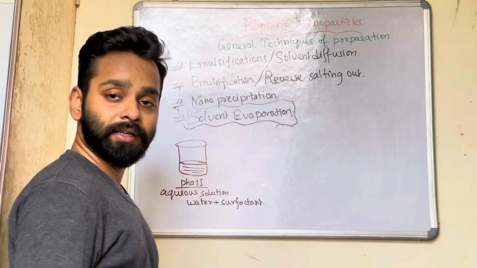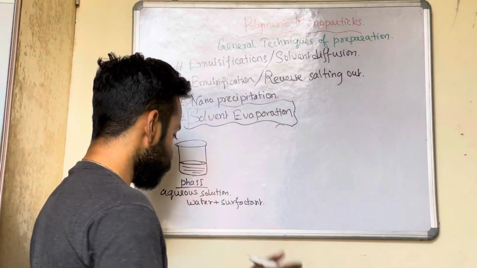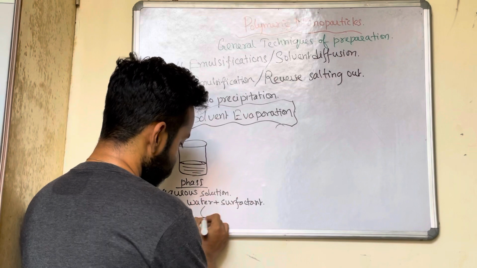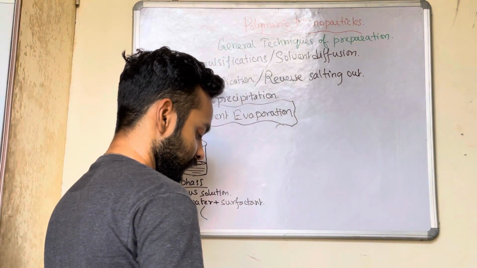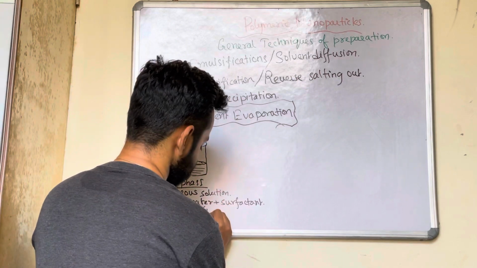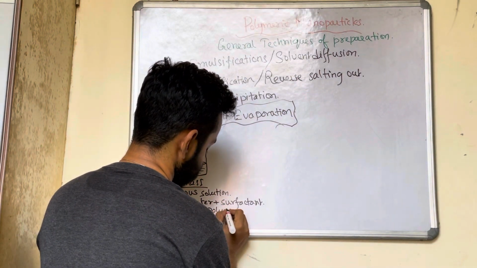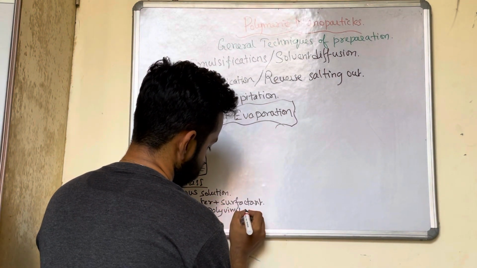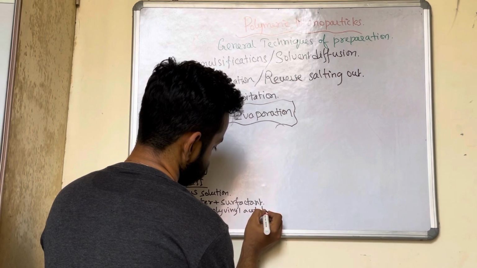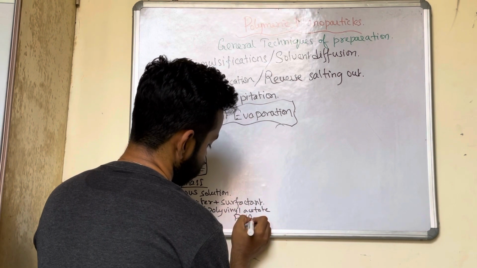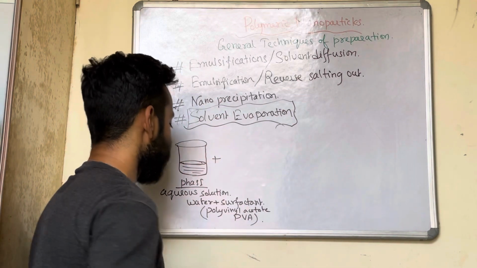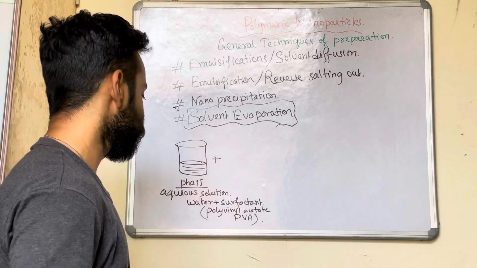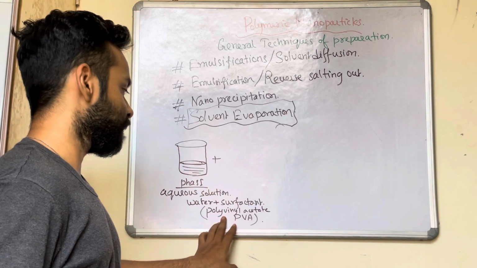So these surfactant molecules which are frequently used in this aqueous phase include polyvinyl alcohol, or PVA. So the phase 1, the first phase, will be an aqueous phase which will contain water and a surfactant molecule.